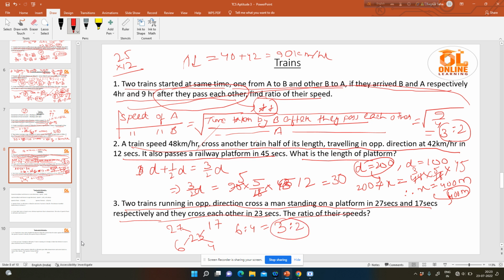Whenever you see this type of question, when it is given that two trains are crossing a man or a pole or something like that, or also you can say crossing a station, and also it is given they're crossing each other and some time is given, you can directly apply this mixture and allegation trick by neglecting the negative sign. Okay, so hope you have understood.